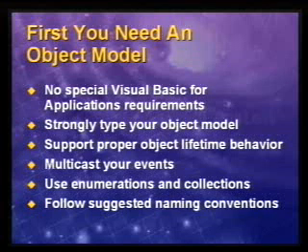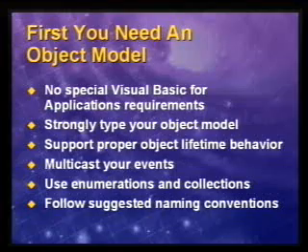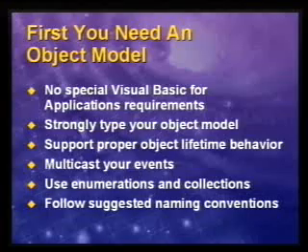And different than what you might be doing today, that pointer could be held onto for a long time or a short time. You have to make sure that you manage the lifetime of these objects correctly. You should be able to multicast your events so that if there are multiple outside objects driving your object model and you fire an event, they can all listen to them. You should use enumerations and collections, and you should follow the suggested naming conventions so that you're consistent with all the other applications that integrate VBA.